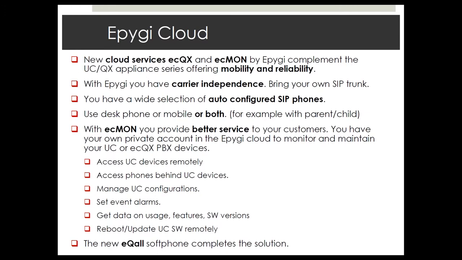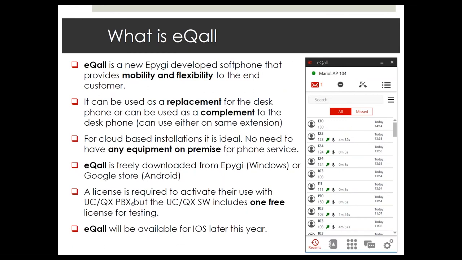So those are some of the advantages of using Epygi systems and services. And of course, the new eQall is what we consider to be completing the solution, because it gives you the ability now to use our eQall as an endpoint in addition to the IP phones that you can buy on the market.